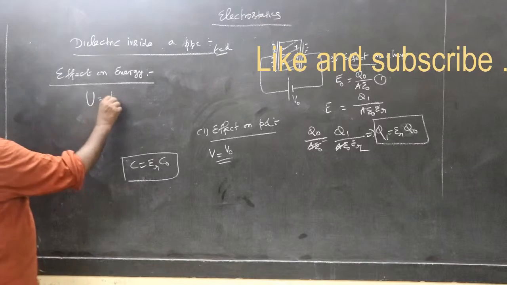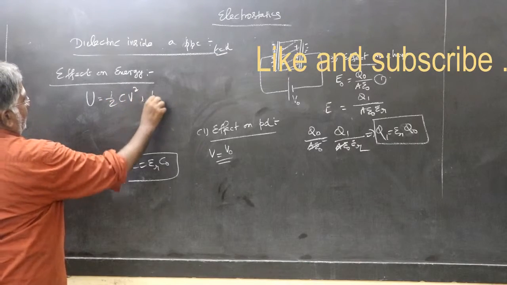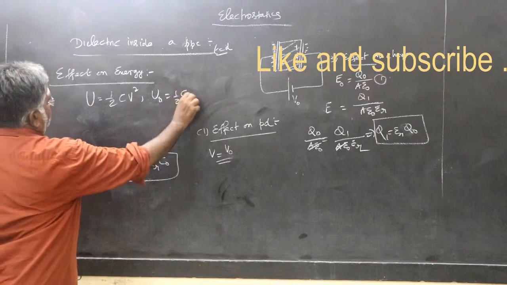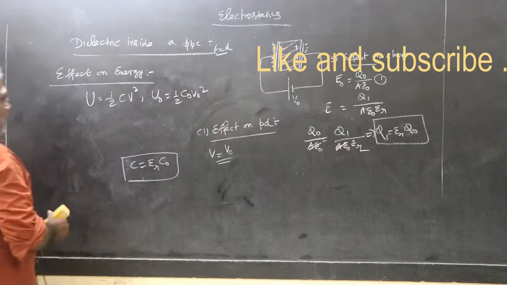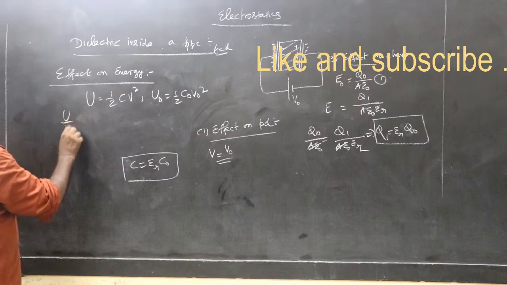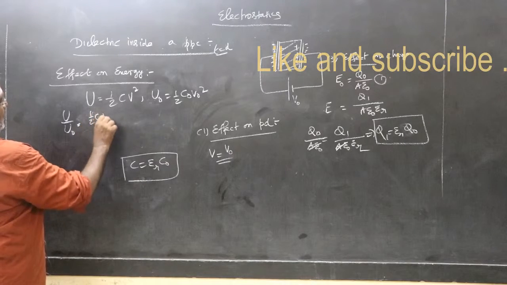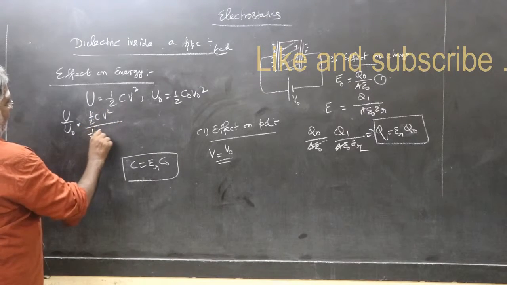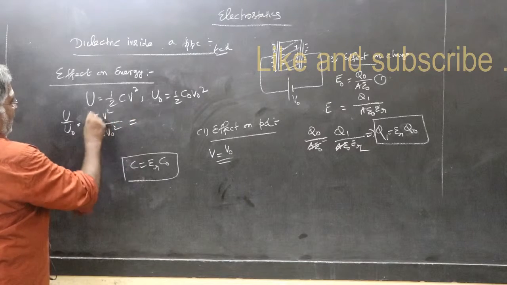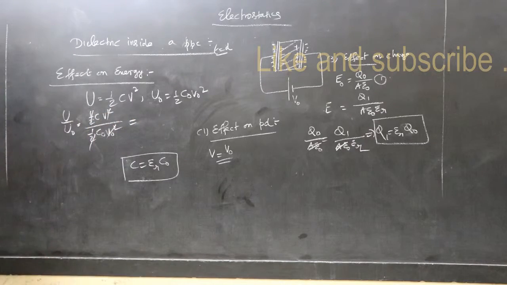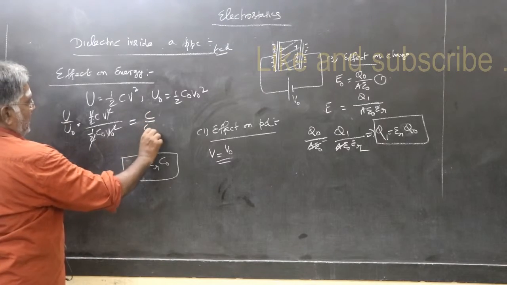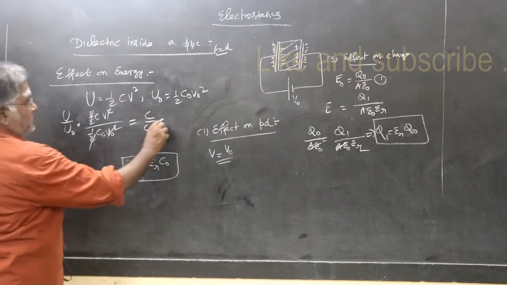So U is half CV square, U naught is half C naught V naught square. So U by U naught is half CV square by half C naught V naught square. Half cancels, V square and V naught square cancel. So C by C naught is epsilon R.